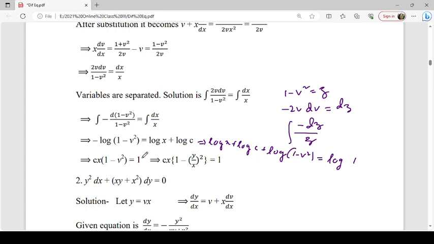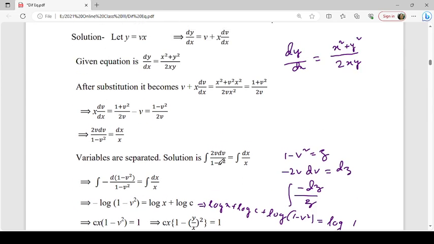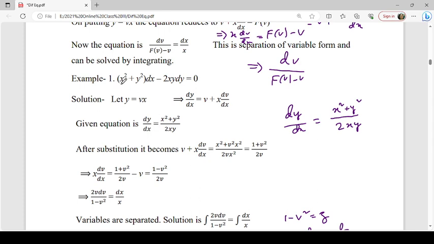Then we substitute v, because we have the equation in terms of x and y, so v is equal to y by x, because y is equal to vx. And this is the solution of the differential equation (x square plus y square) dx minus 2xy dy is equal to 0.